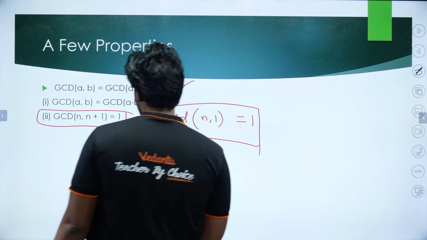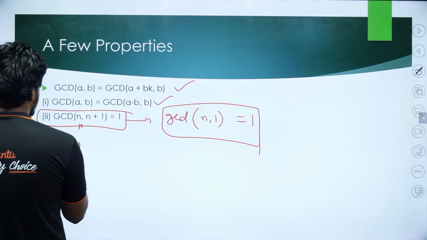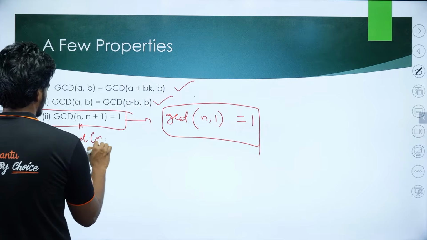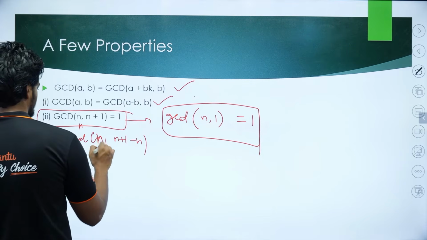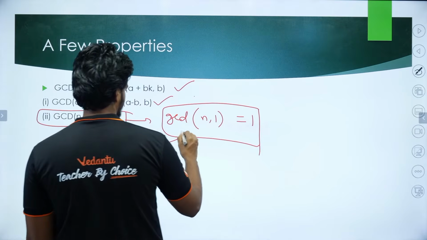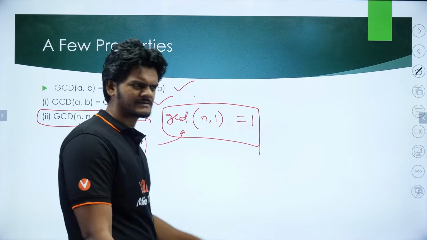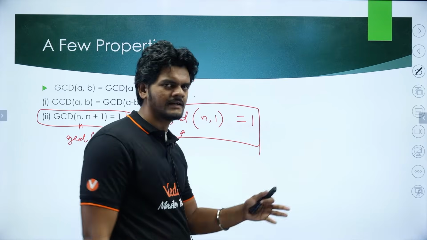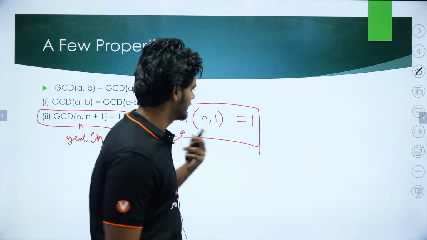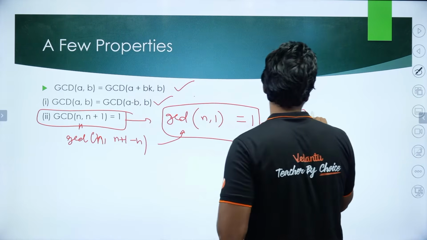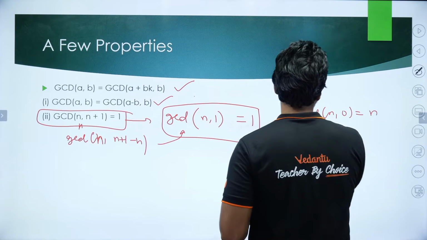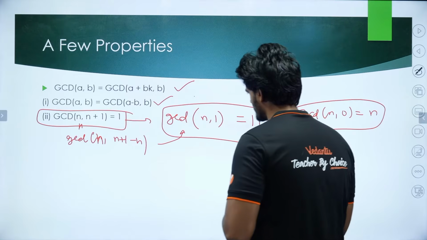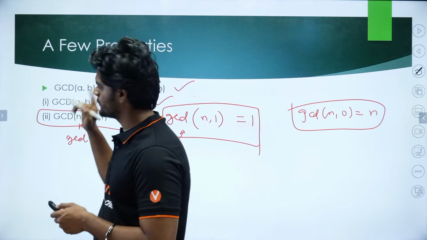Because this is simply GCD of n comma n plus 1 minus n, and this is always 1. Why? Because if d divides 1, then it has to be 1. Whereas GCD of n comma 0 would always be n. Interesting, right? So I hope this is clear.